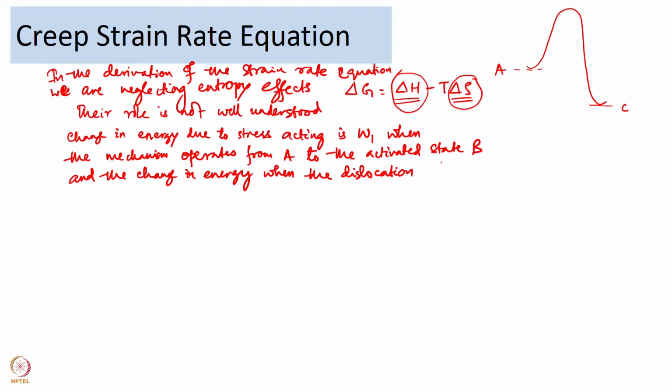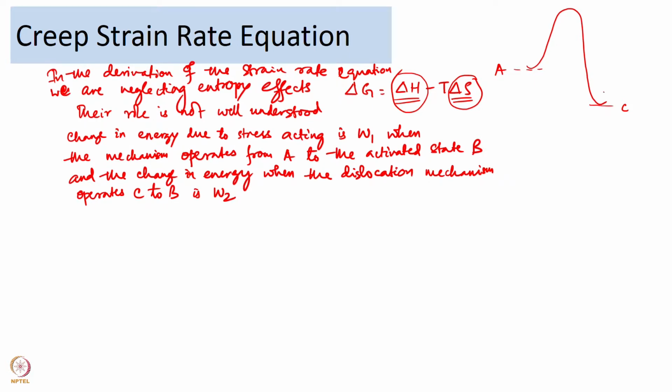The change in energy when the dislocation mechanism operates from C to B is W2.